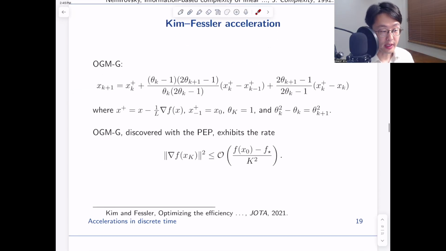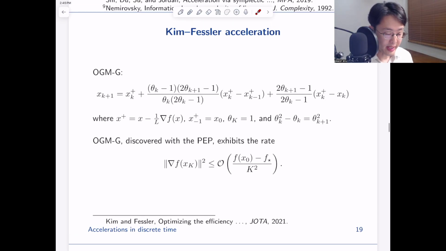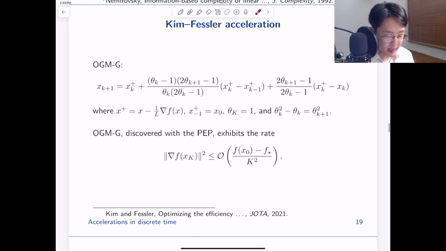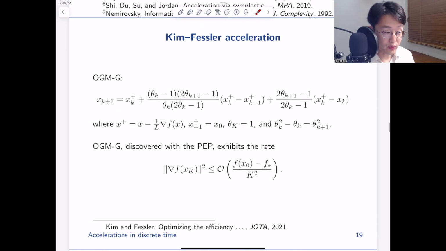The optimal rate is achieved by what I refer to as Kim-Fessler acceleration, because it's of course due to Kim and Fessler. The algorithm itself is called OGMG, and it looks like this. This algorithm very much resembles Nesterov's acceleration. Here we have the gradient term, and then this term is the momentum term, basically the same kind of momentum term as Nesterov's acceleration, except that we have a different kind of momentum coefficient.